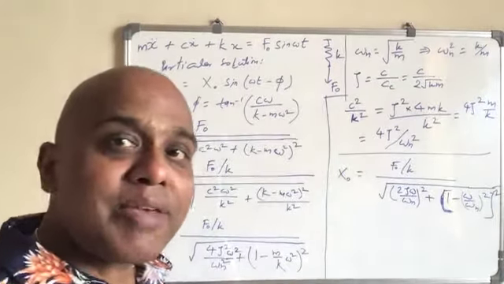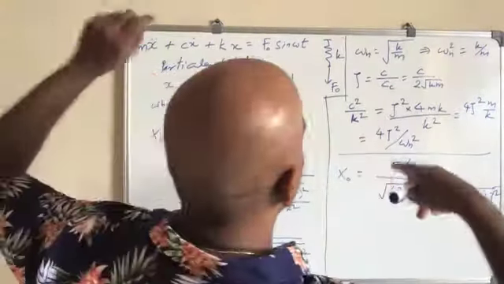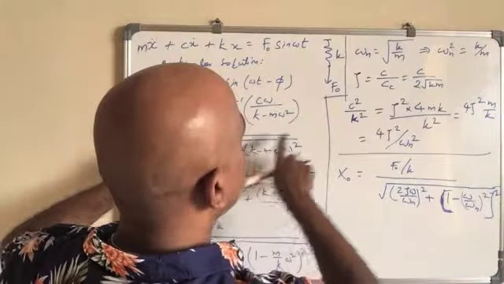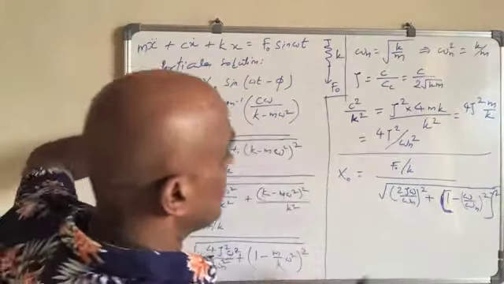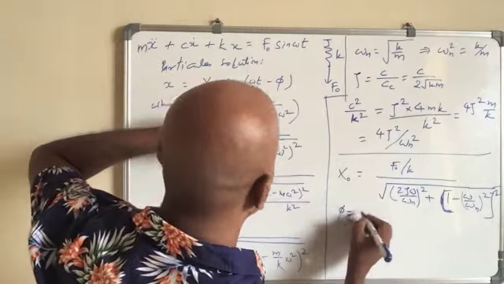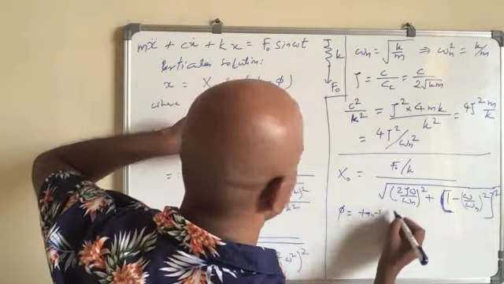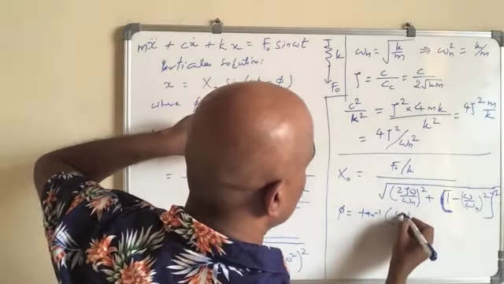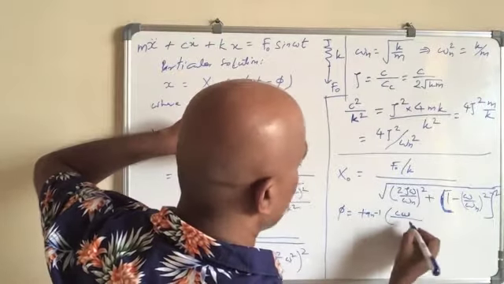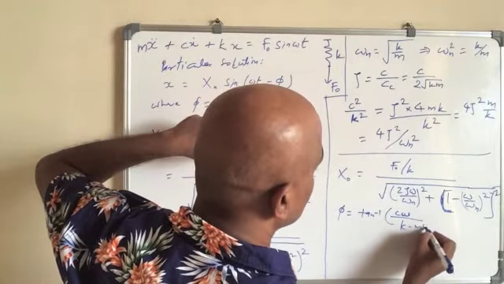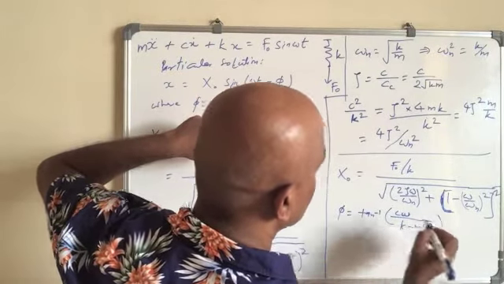So similarly we can also write tan phi, or the value of phi. So phi is given by tan inverse of C omega divided by K minus M omega square.